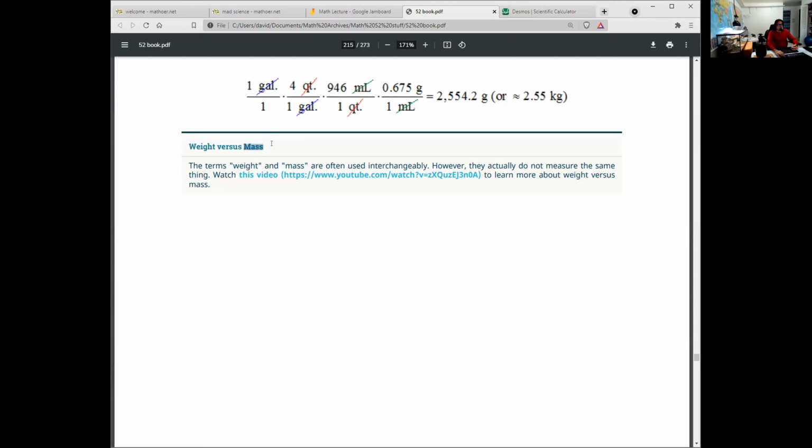So mass is how much stuff I have in me. Weight is how much gravity is pulling me. If I went to the moon, my mass would be the same, but my weight would be much less. My mother, who had a thyroid condition, used to have a t-shirt that said, "I'm not overweight, I'm just on the wrong planet."